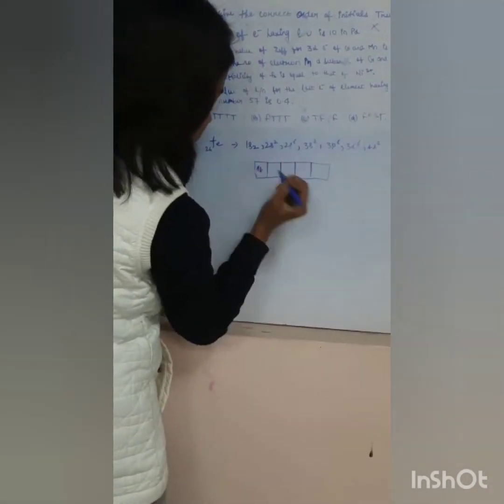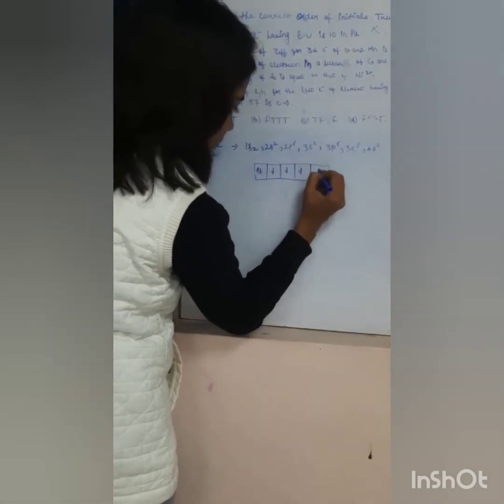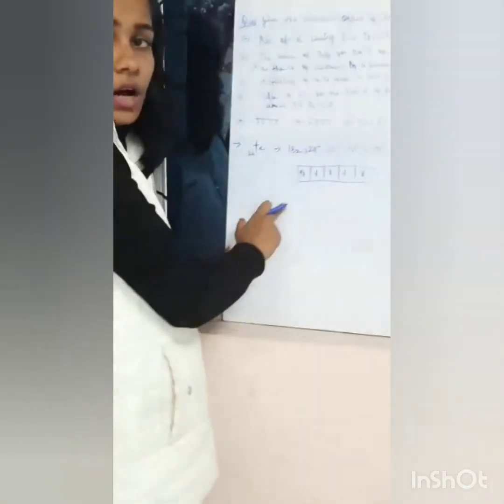The formula is number of unpaired electrons into half plus 1.